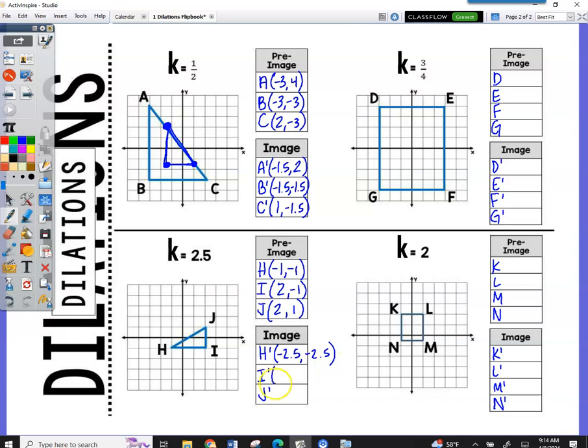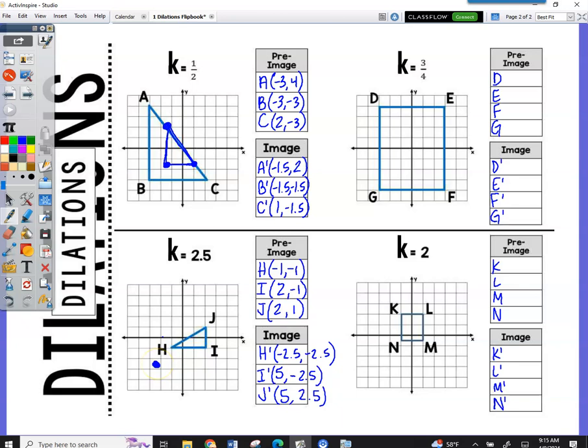And then 5, -2.5. 5, +2.5. Yes? So we're going to graph it. So we're going to go left 2 and then just halfway to the 3. So left 2, halfway. Then go down 2, halfway.